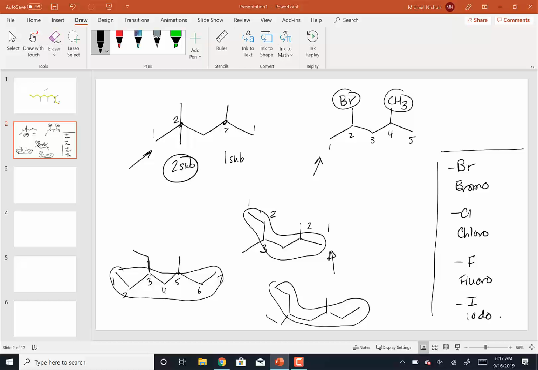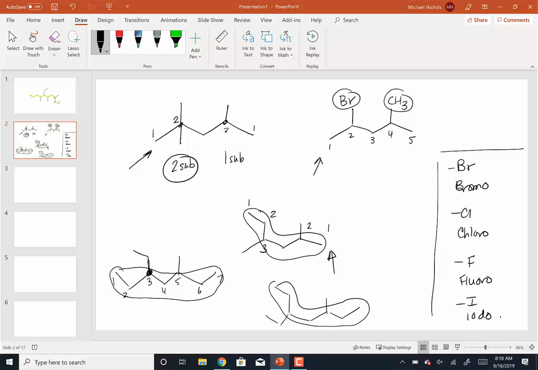Because if we come to a point like this, in one of the videos I recorded that I put on Piazza, I called this the fork in the road. If you come to a fork in the road and it's the same group on either side, it doesn't matter which one you take because you'll end up with the same name. So in this case, I could use either longest chain because I'd get the same number.